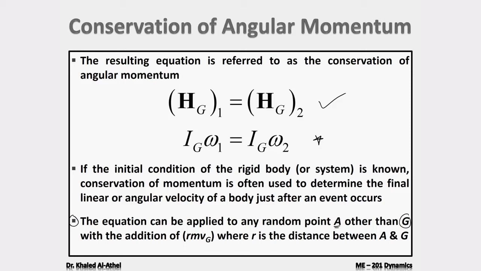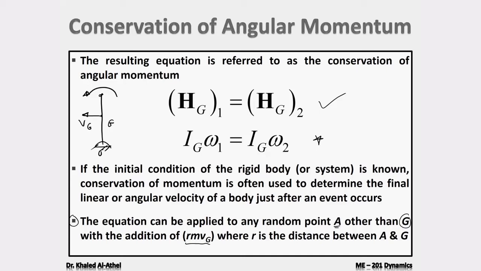But if you do that, you're going to have to add r times m times vG for the center of mass. Because remember, if I have this rod, this is the center of mass, and it is rotating, and this point O is fixed, and this point will have a velocity vG.